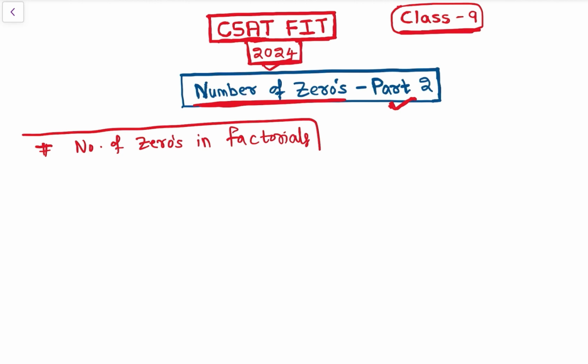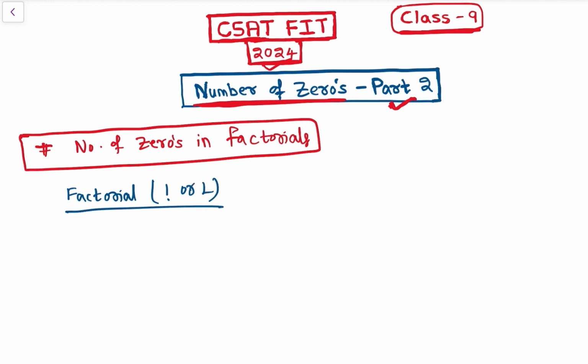While doing the unit digit concept, we also discussed factorial. So again, let's discuss what factorial is. Factorial is represented with this symbol. We have already seen it in the unit digit class. n factorial can be written as n into n minus 1 into n minus 2 into n minus 3 into n minus 4 and so on till 1.